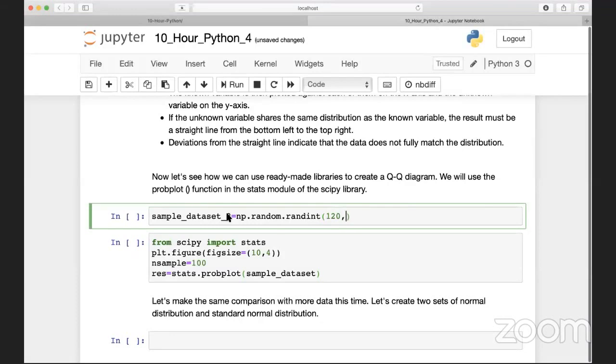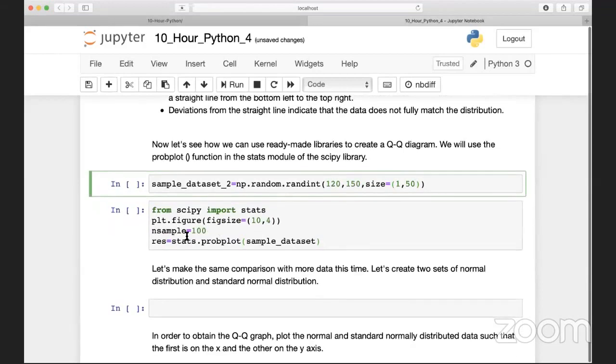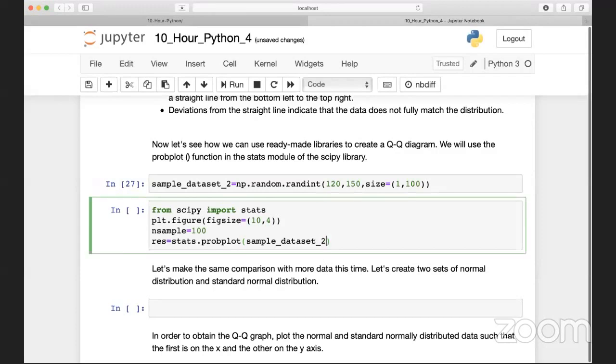The lower bound is 120, the upper bound is 150. Size is 100. Okay. All right, let me run this. Sample data set 2, as you see, I just use it as it is. I didn't sort it.